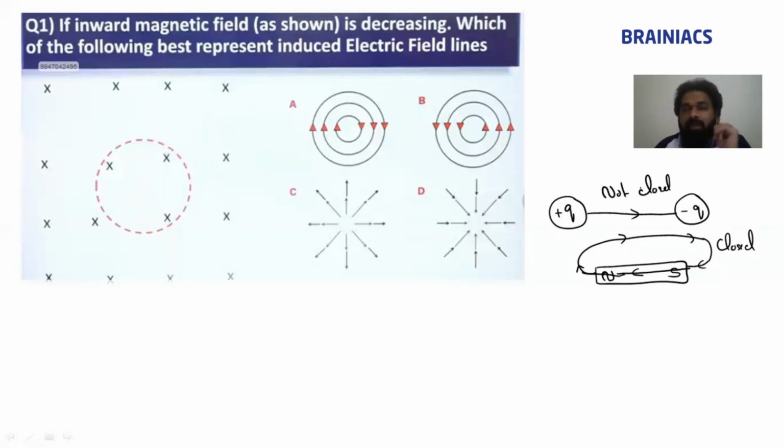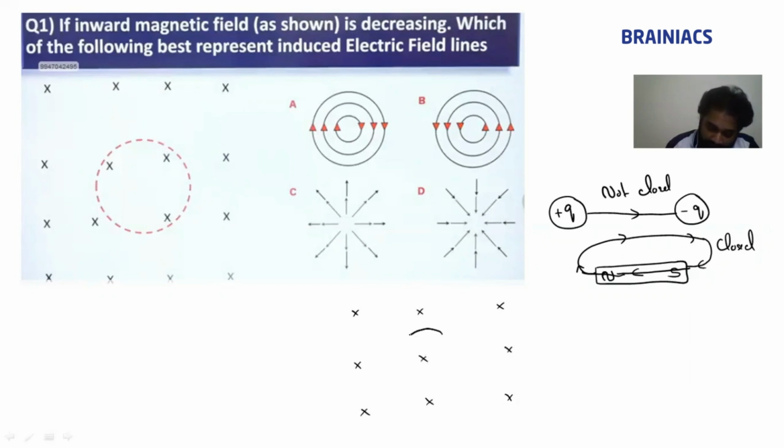Induced electric field lines are closed ones, as already discussed in the theory. Suppose we keep a conductor like this, just as given in the question.